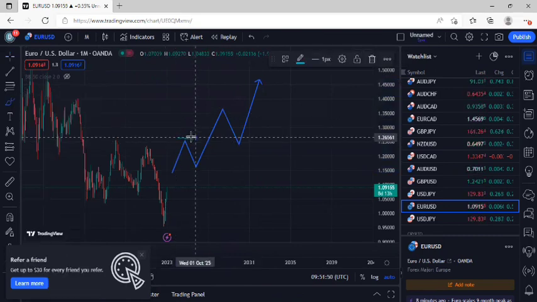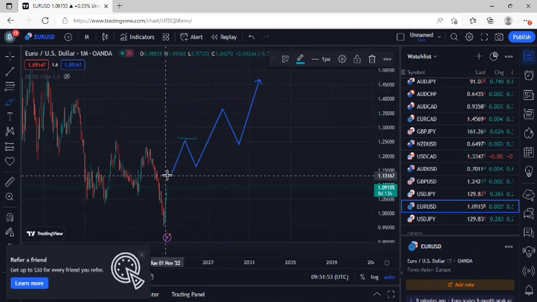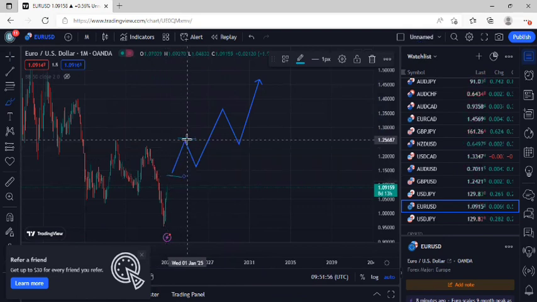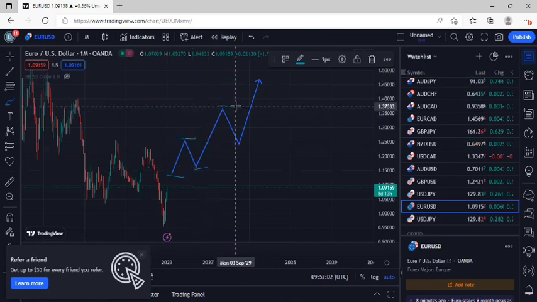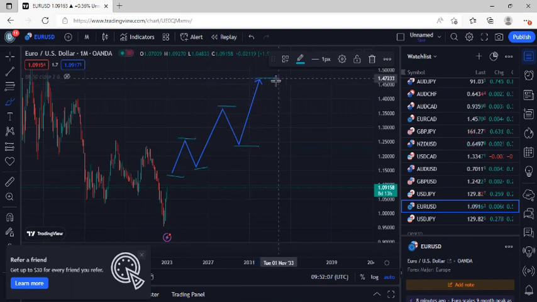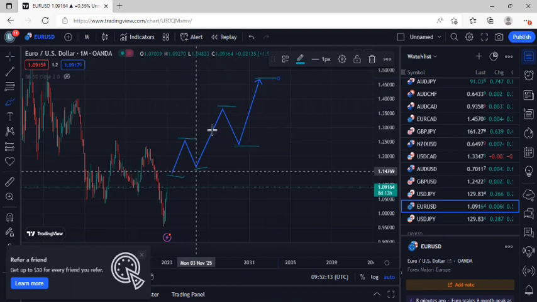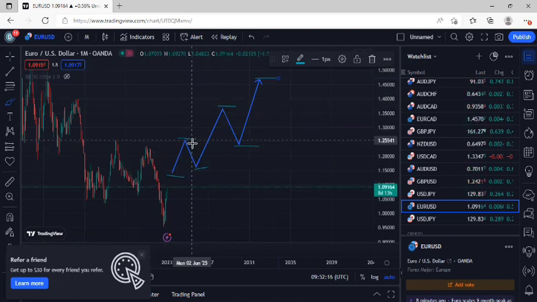Let me start from here. Here you have a low, here a high, another low, another high, another low, another high. We call this the low, the high, the higher low, the higher high, and so on.